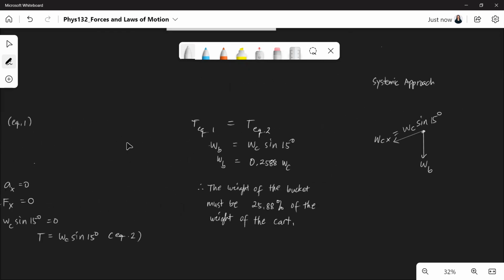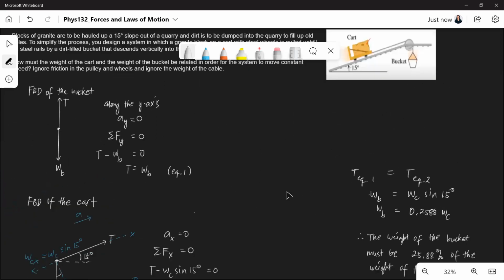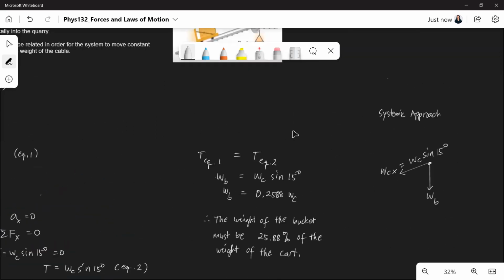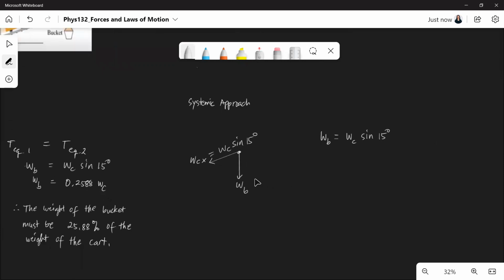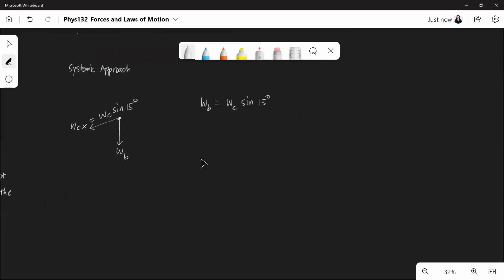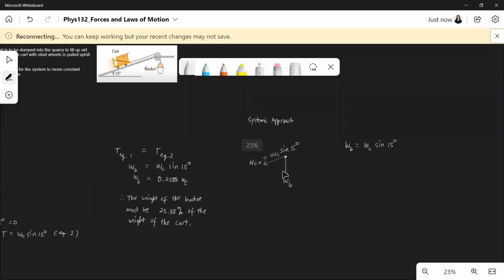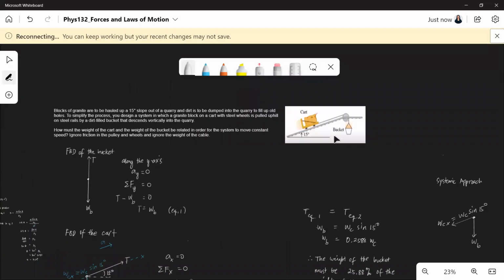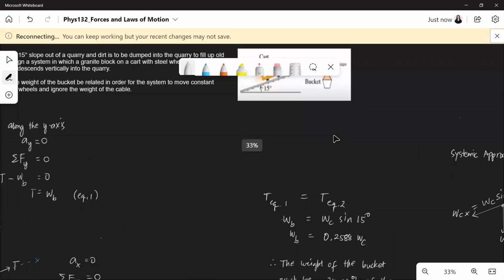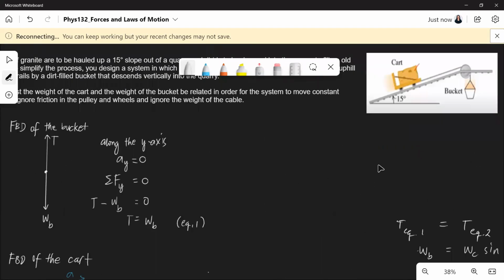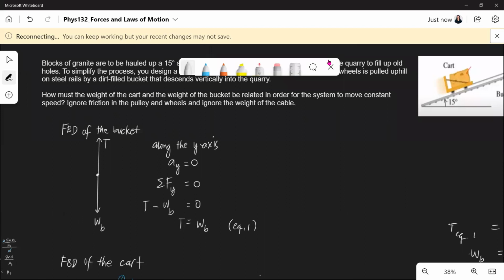So again, you are combining the two free body diagrams to have the relationship between the weight of the bucket and the weight of the cart. So, hope that's clear already. So for tension and motion of an object on an incline.